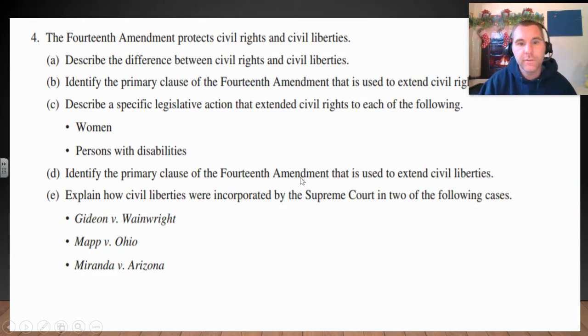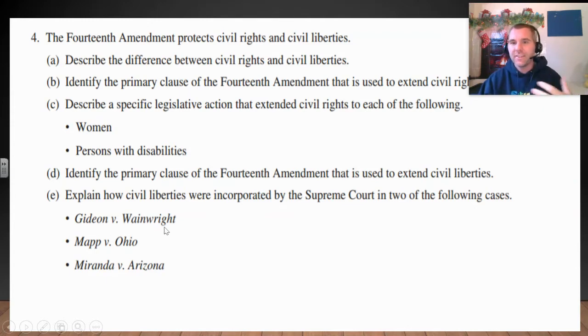Identify the primary clause of the 14th Amendment that's used to extend civil liberties. So this is not the Equal Protection Clause. This is going to be the Due Process Clause. That's right. And then you have to explain two of these cases, how the liberties were incorporated. If you remember, Gideon versus Wainwright, that's one of our key cases. That's going to say you have the right to an attorney.